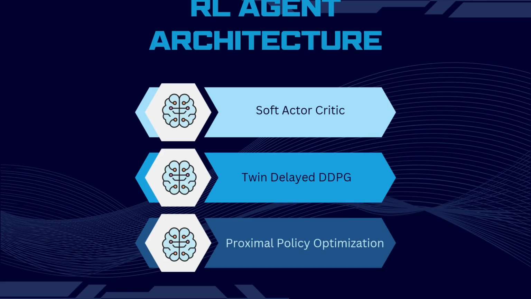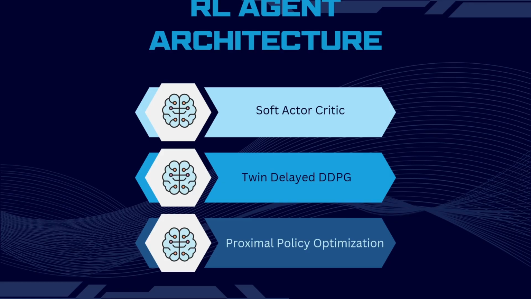This works on a pretty different principle. But there's a challenge here. It sometimes has a problem called overestimation bias, where it thinks a certain setting or action is much better than it actually is, leading to erratic behavior. That is one challenge with twin delayed DDPG.